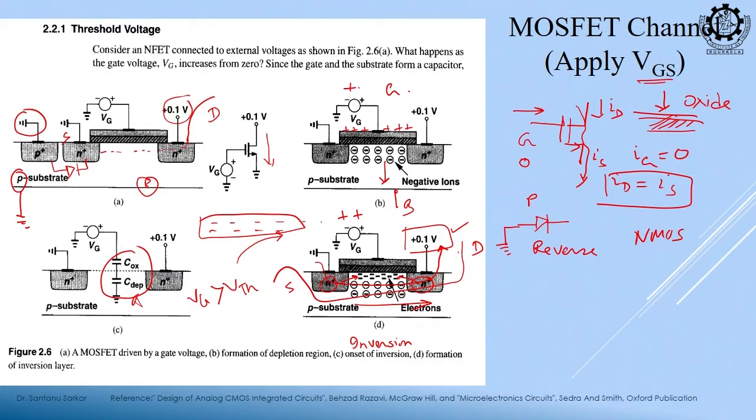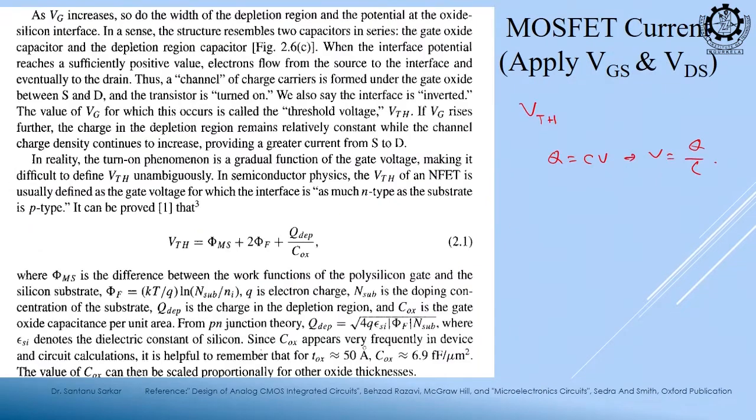So, this total voltage depends on V equal to Q by C plus the flat band voltage and the work function difference. After this threshold voltage the MOSFET is turned on, and the channel is inverted.